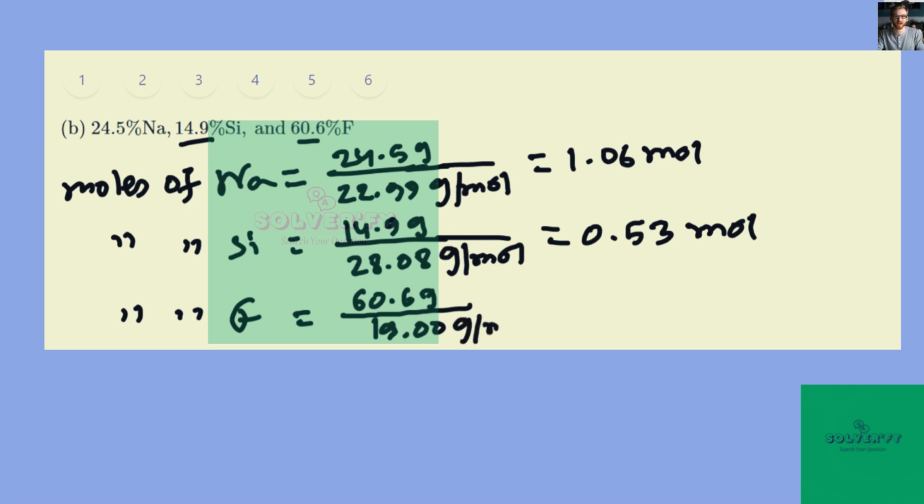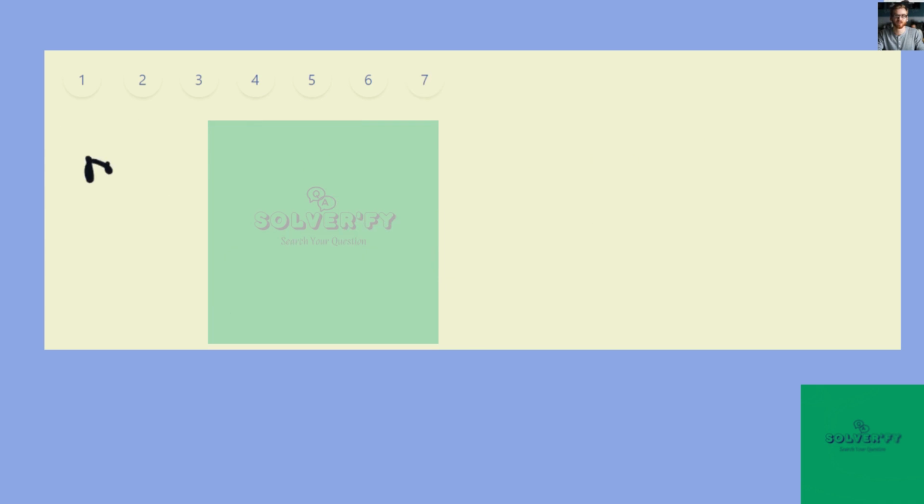So that will give us the ratio of each element. The ratio of sodium will be 1.06 over 0.53, which is a round figure of 2. Then for silicon, it will be 0.53 over 0.53, which will give us 1.